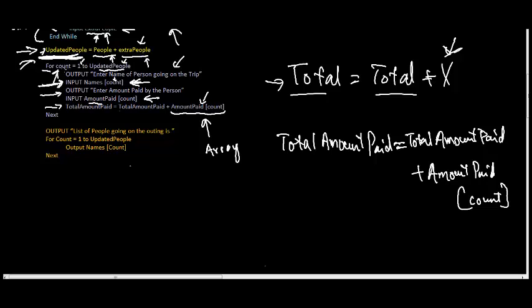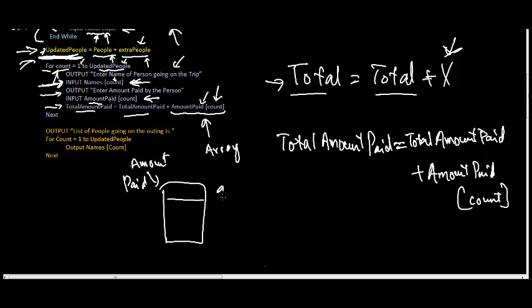When this loop runs the first time, count is equal to 1, then total amount paid will be equal to total amount paid plus amount paid 1, because count is equal to 1. So in our array amount paid, the value lying in the first element, amount paid 1, because count is equal to 1 right now when the loop is running the first time.